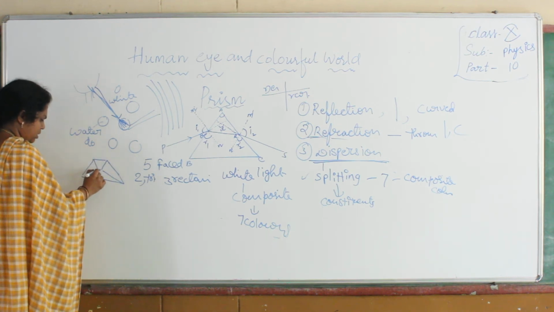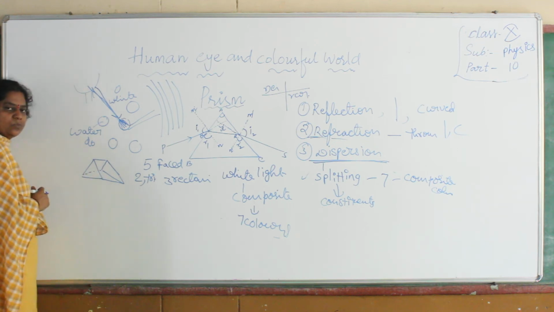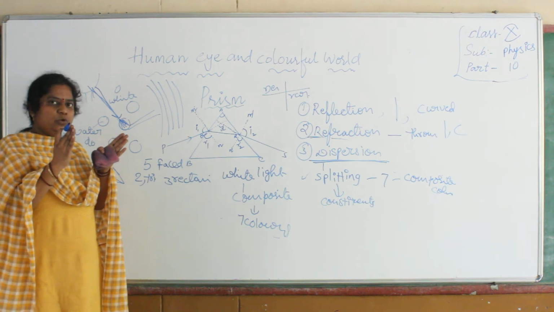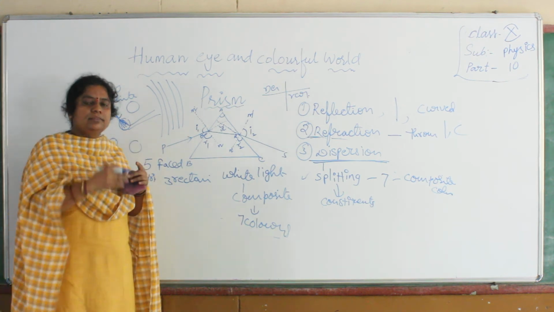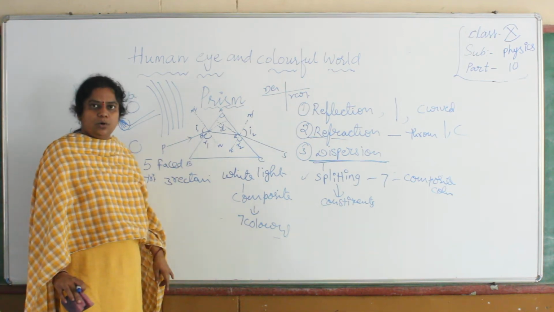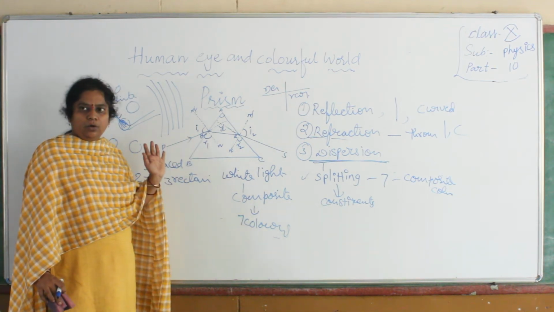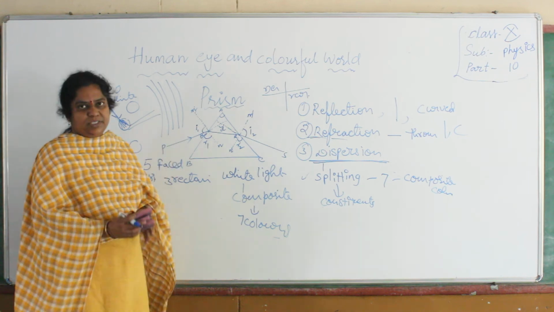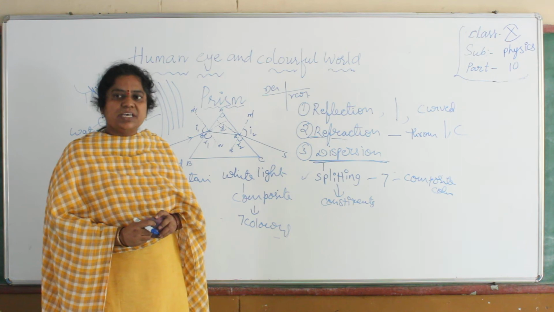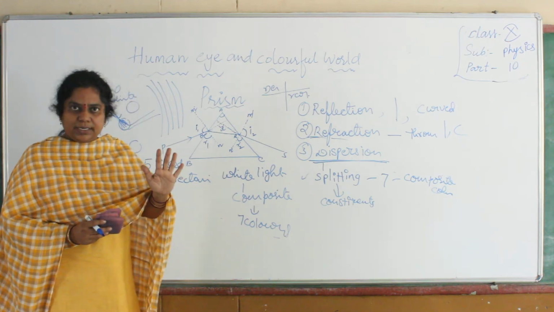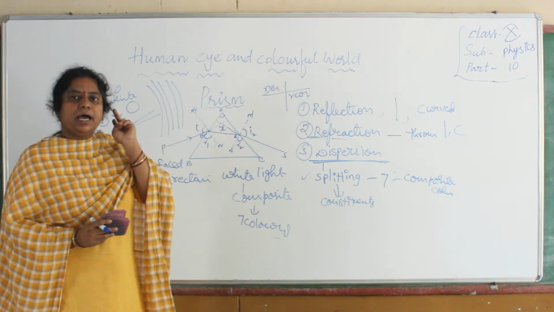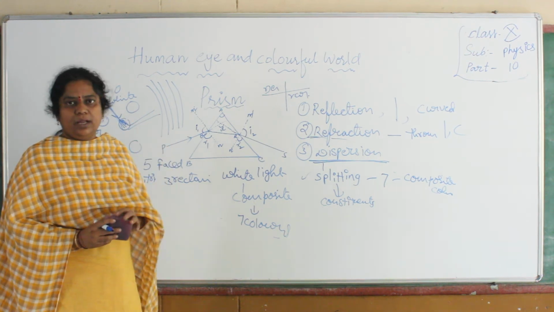So this is your 3D picture of a prism. I will show you what a prism is. Totally it is a 5-faced body. Prism is a transparent body. It has 5 faces, of which 3 are rectangular and 2 are triangular.